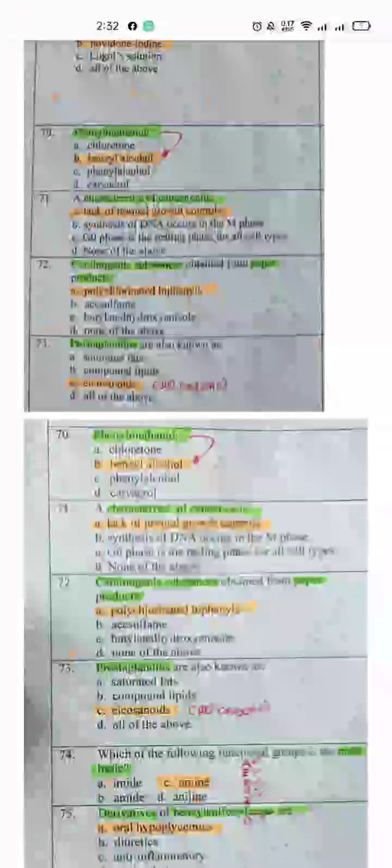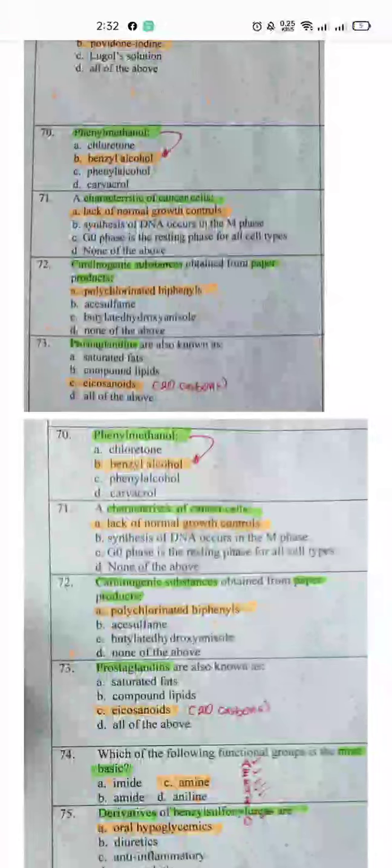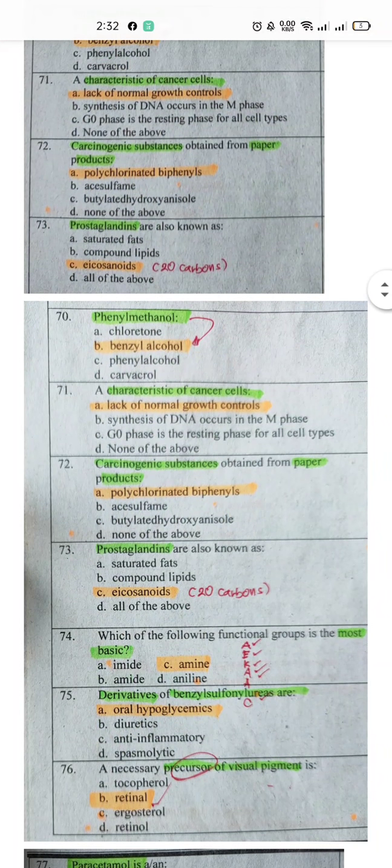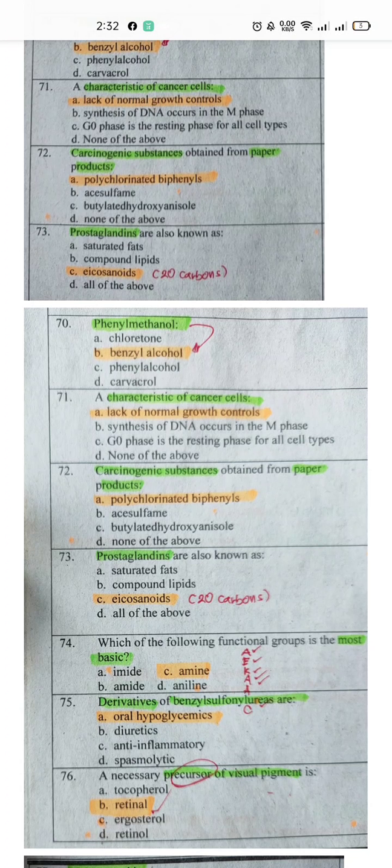Your sulfonylureas or your oral hypoglycemics are still the drug of choice for non-ketosis prone mild diabetics. Number 76, a necessary precursor of visual pigment is retinal. The word visual pigment, that is your retinal.